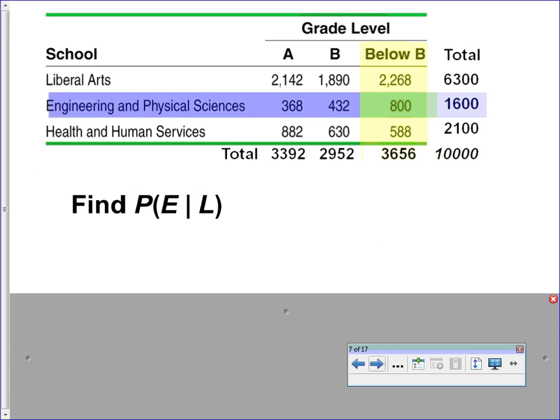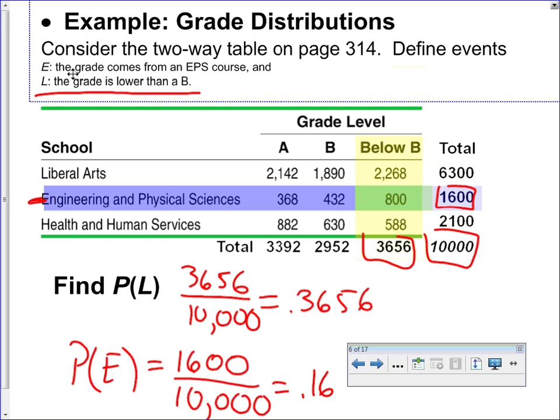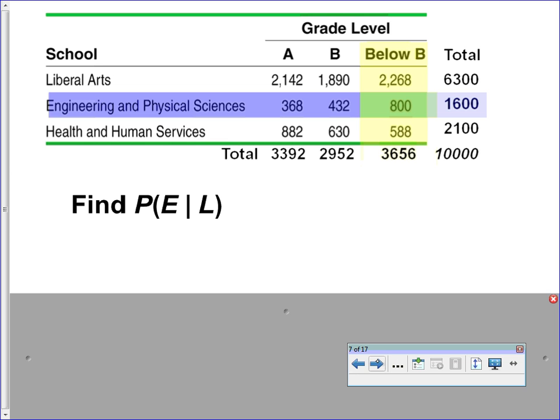So what we're going to do is find the probability of E given L. And the key thing here is this definition right here, which is the grade comes from an EPS course and is lower than a B. So this is the probability that your course was engineering, given your grade was lower than a B. So there were 800 out of 3656.